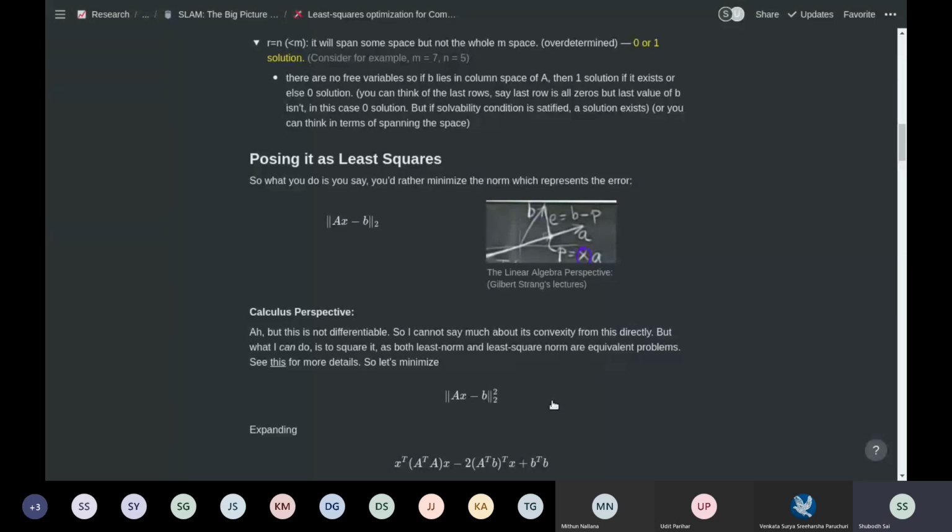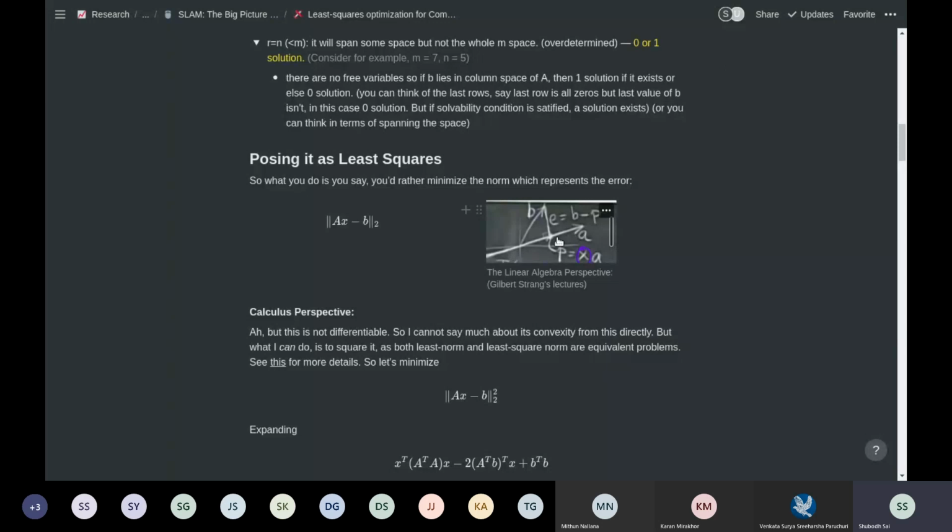Over here, you have a B vector which is not lying on A. Or in our case, a B vector not lying in the column space of A. Now, the closest point to a plane is found by dropping a perpendicular from the point to the plane. Over here, the closest B could reach would be this point.